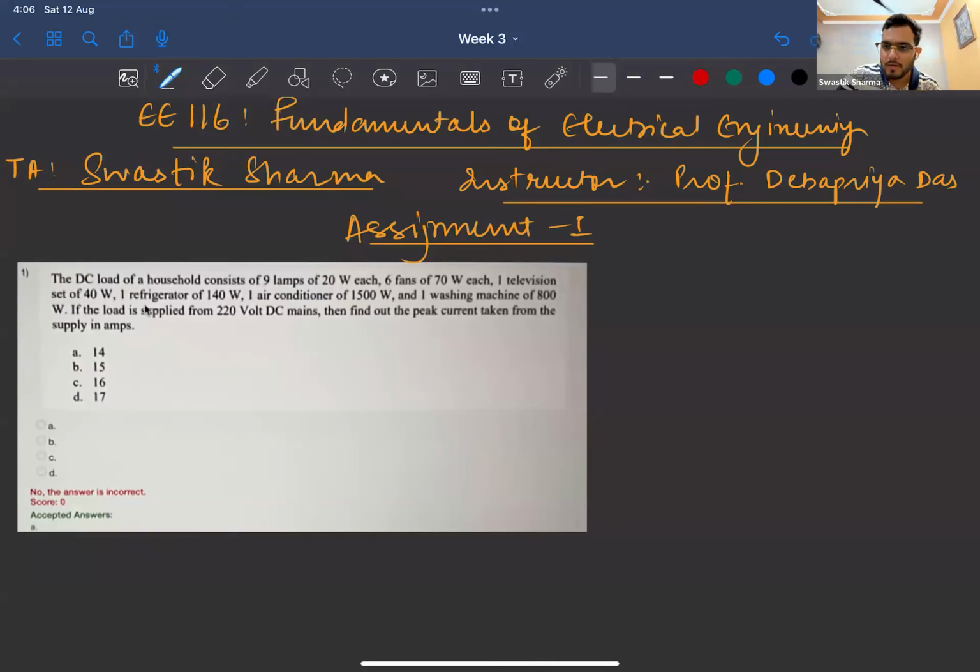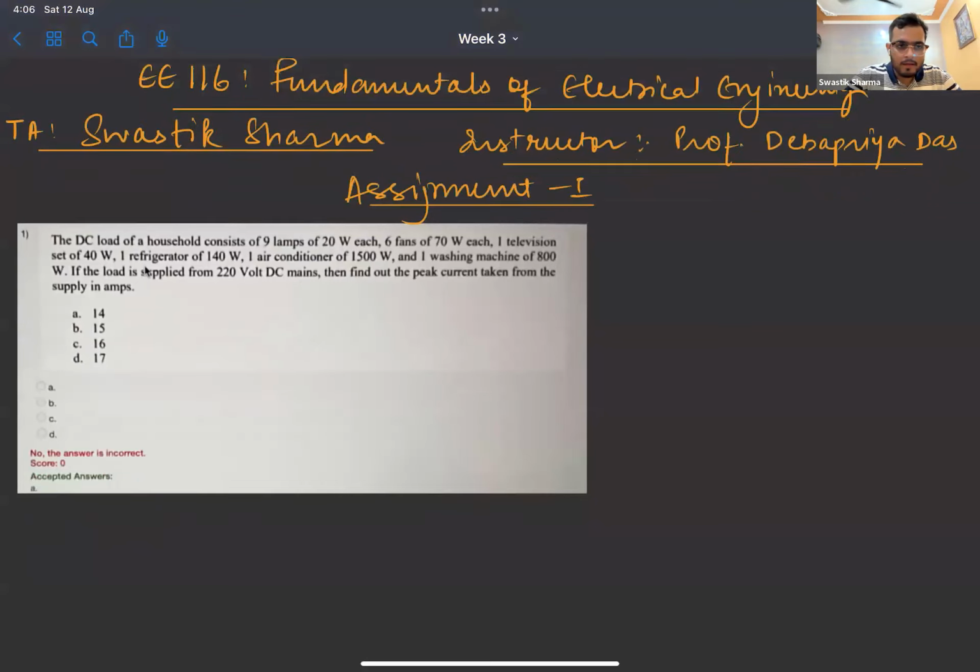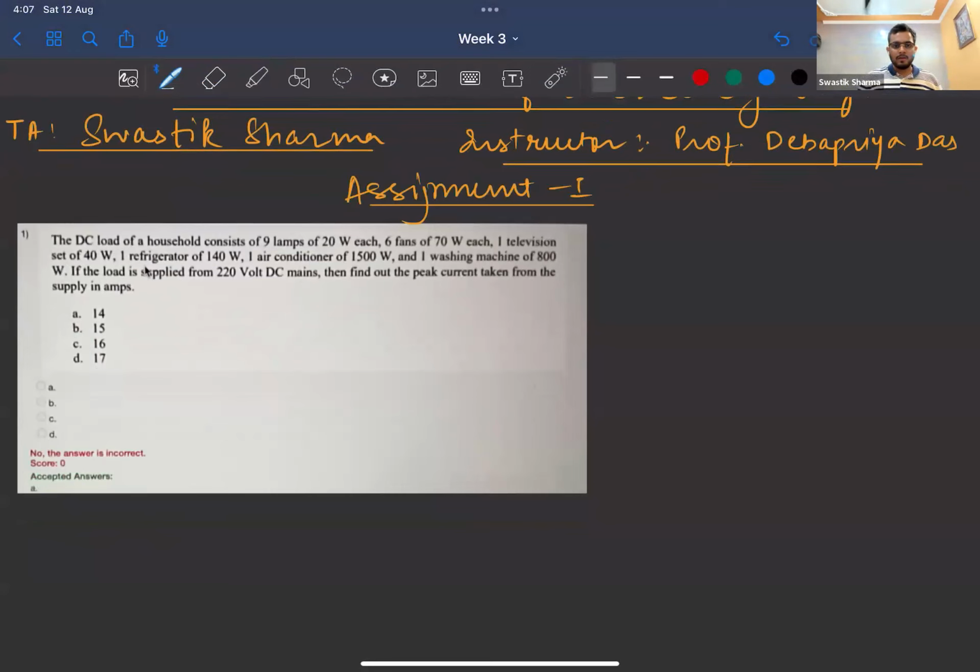So let's start with assignment one. I hope you all submitted assignment one. We'll go through the questions one by one, and if you have specific doubts, you can ask me, or I'll be solving them, and we'll solve them together. For the very first question, did anyone have any questions regarding it, or does someone know how to solve it?